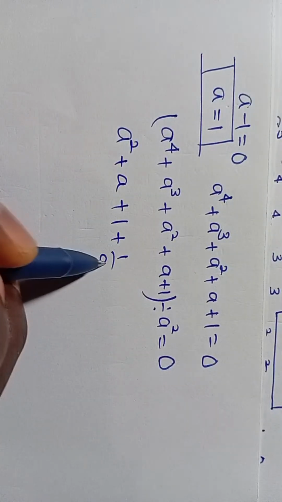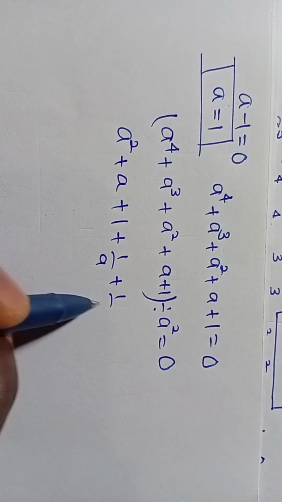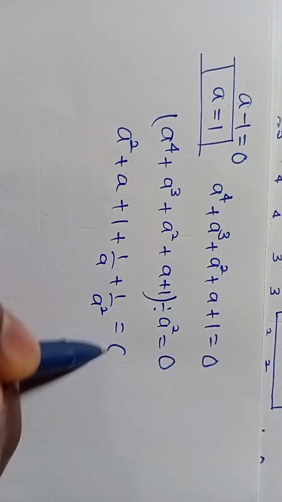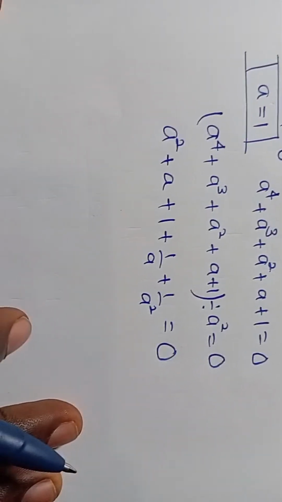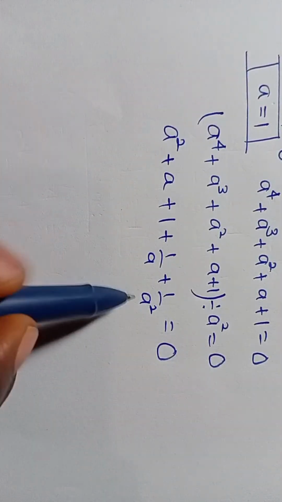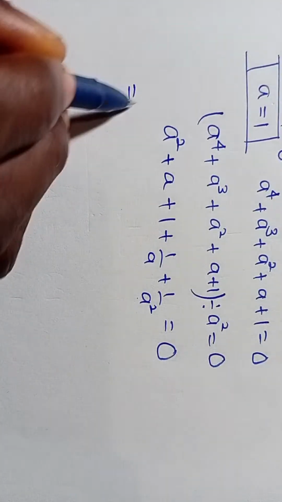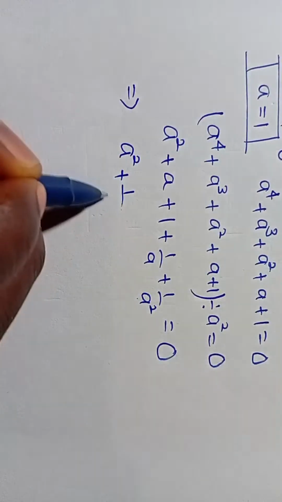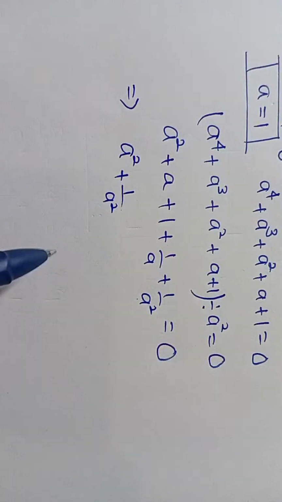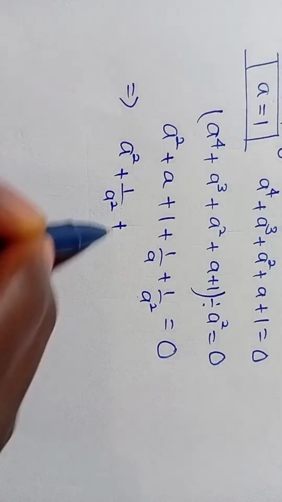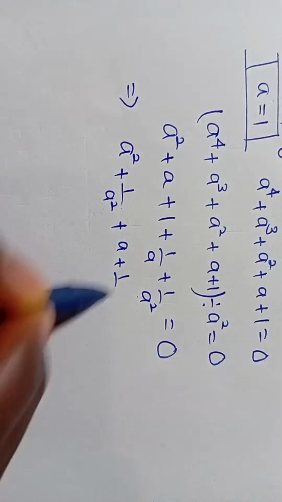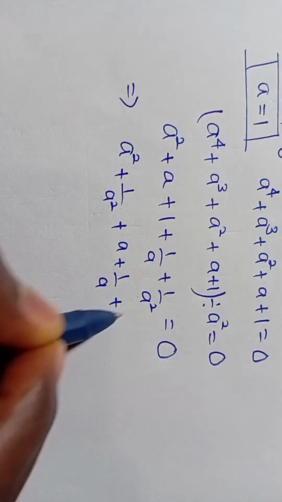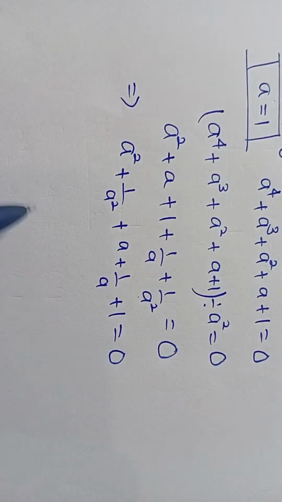This will be 1 over A. This will be 1 over A squared equals 0. Let's group this and this together. We have A squared plus 1 over A squared. Then plus A plus 1 over A. Then plus 1 equals 0.